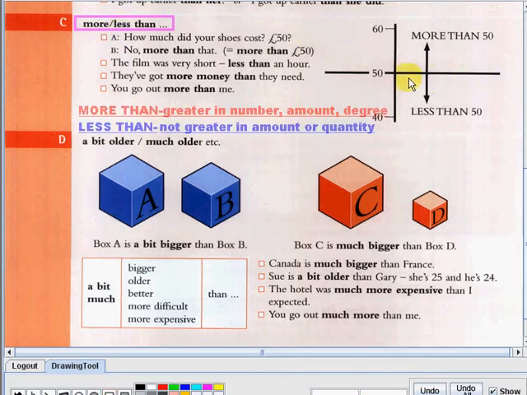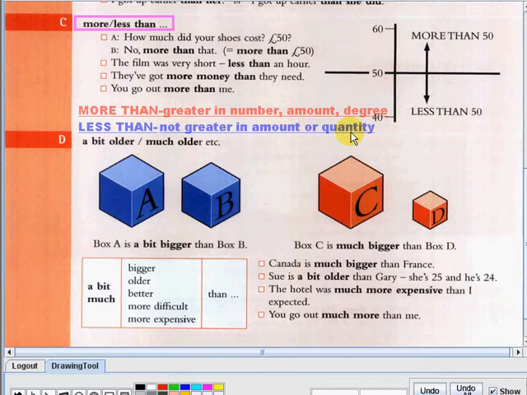Now let's discuss the difference between more than and less than. When we say more than, it means a quantifier in which there is a greater number, amount, or degree. While less than is also a quantifier which means not greater in amount or quantity.